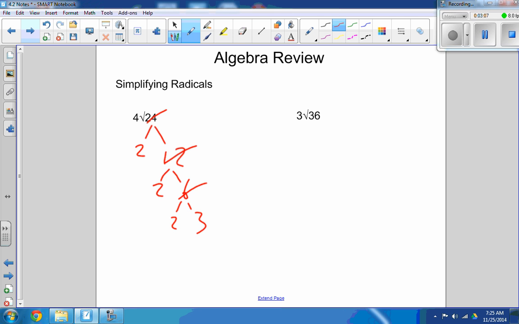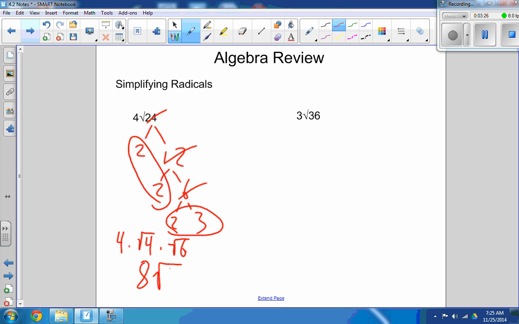So I'm left with 4 times radical 4 times radical 6. So that's 4 times 2 because radical 4 is 2. So it's 8 square root of 6. All right, 6 square root of 6. Well, this we already know reduces to 6. So that's 3 times 6, which is 18.